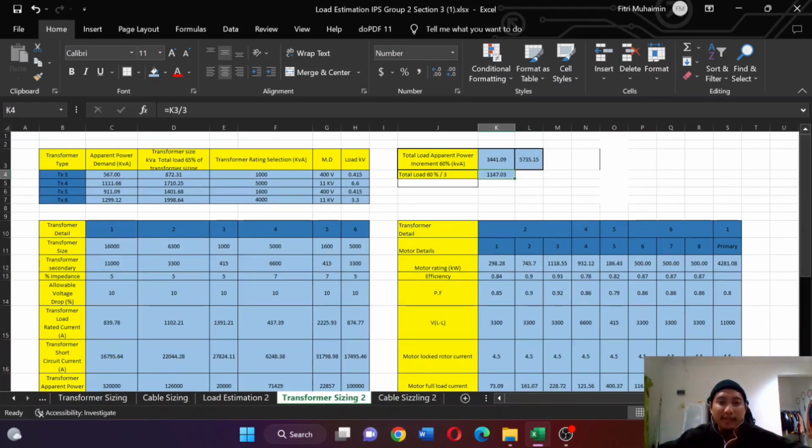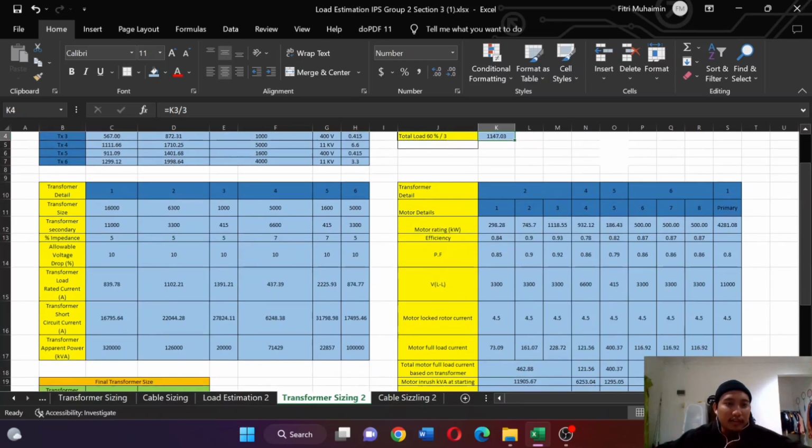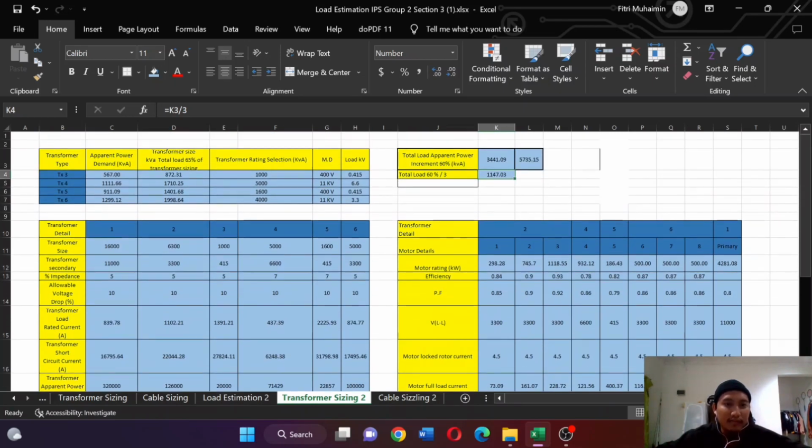For one total motor we can get 1,000, but we just use a 500 total rating and we get 668.27 for apparent power. So for 2 divisions we just use one transformer for 2 divisions and 3 motors.